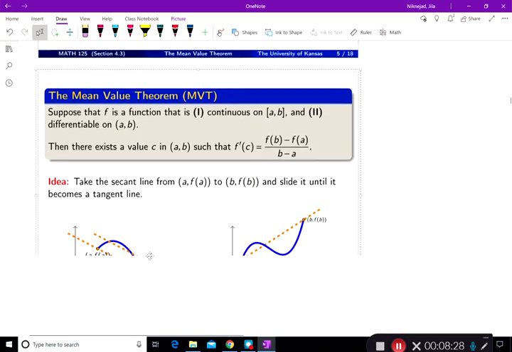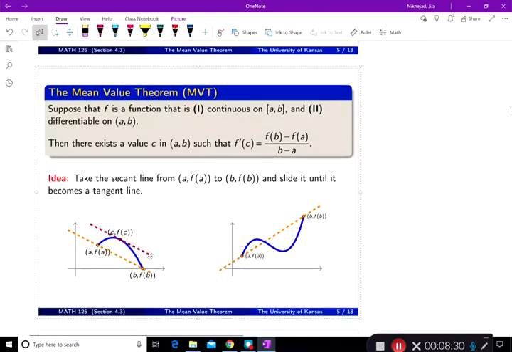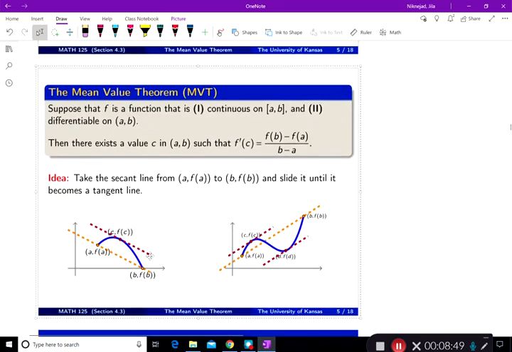If I go parallel, parallel, parallel, basically I end up at some point at the very end where the parallel line only touches the graph. Now, the right hand one, if I go parallel, parallel, parallel, I end up with 2 points that have tangent lines parallel to the secant line between the two endpoints.